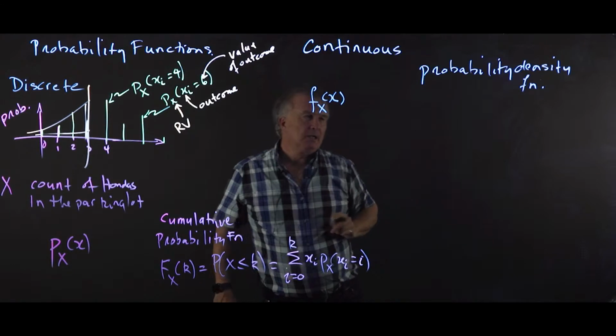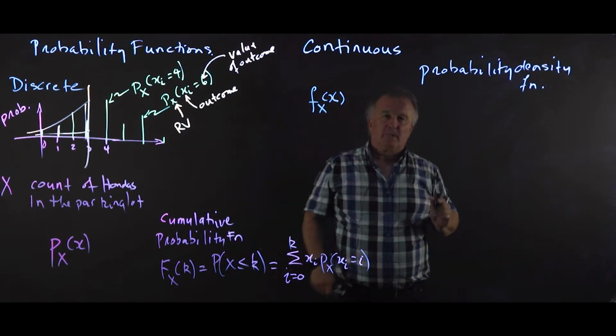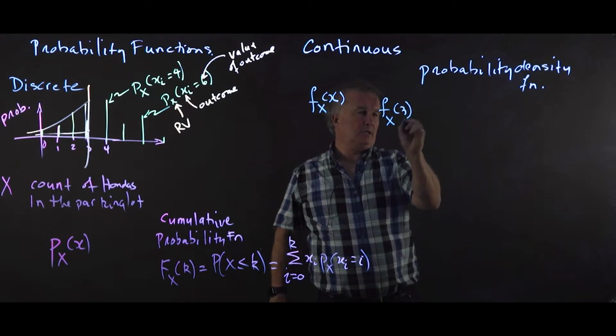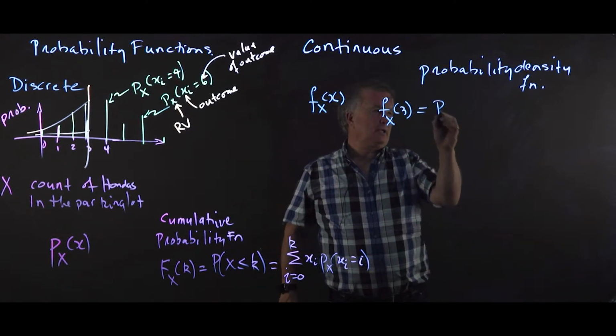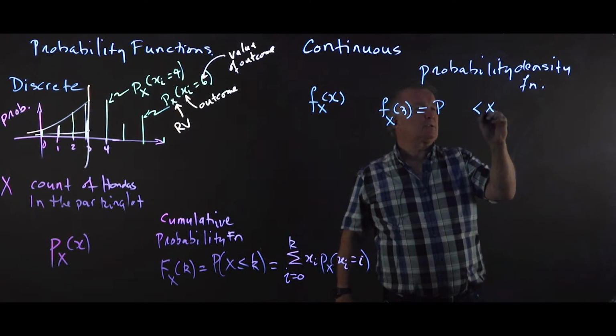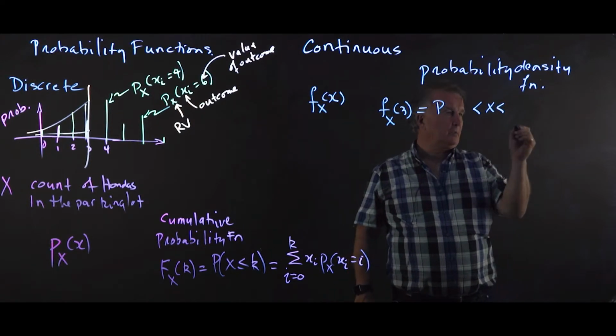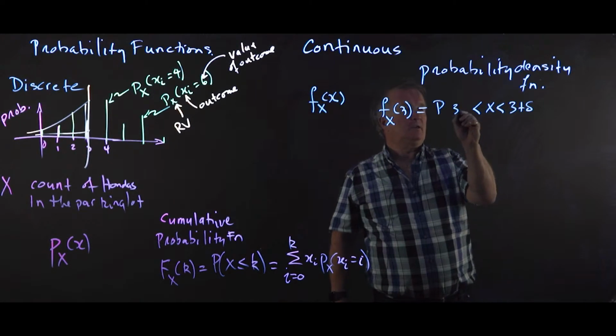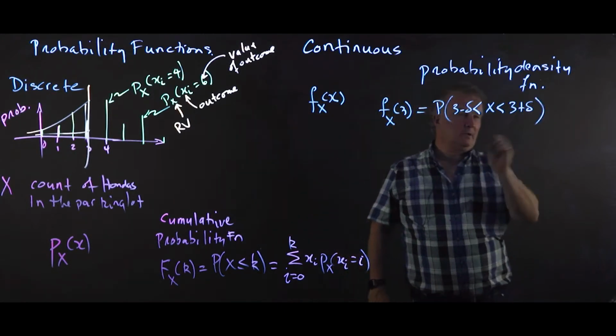Okay. Now, if I talk about, say, f_X of 3, that's the probability that x is in an infinitesimal neighborhood of 3 plus a small amount and 3 minus a small amount.